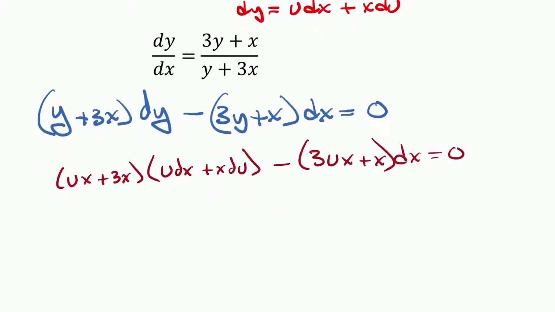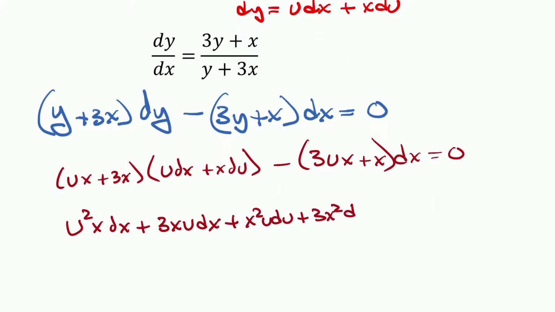All right, I guess I'll just go ahead and crank through this a little bit. So FOIL. x squared u du, x squared du, 3ux dx, minus, rookie mistake, x dx.